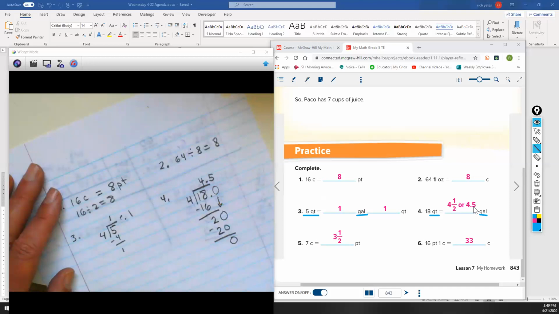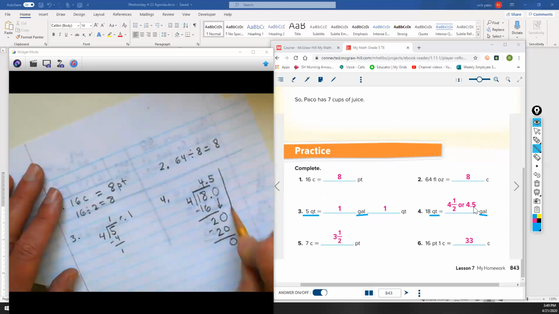The other way we could have shown this is we would have taken the 18 and still divided it by 4, the number of quarts in 1 gallon. We would have still used 4 times 4 equals 16. We would end up with a remainder of 2, and here's where we turn that remainder into a fraction instead. We take our 2 and place it up as our numerator.